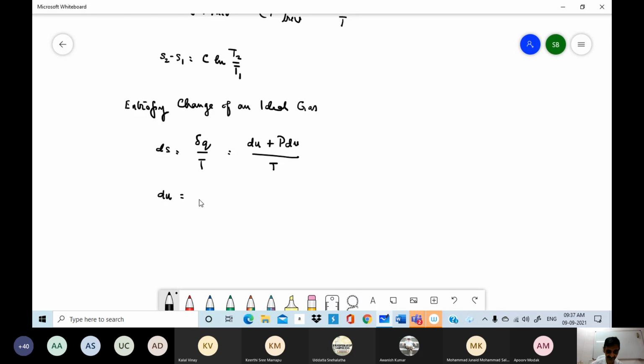For an ideal gas, the internal energy is a function only of the temperature. As the book explains, the subscript 0 here represents that it's an ideal gas. So then the change in internal energy is specific heat at constant volume times the change in temperature.